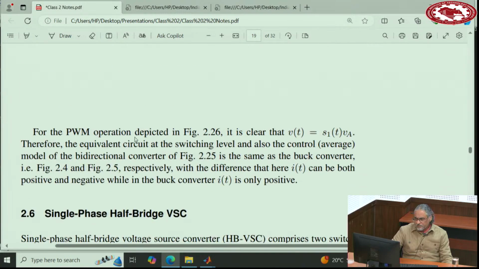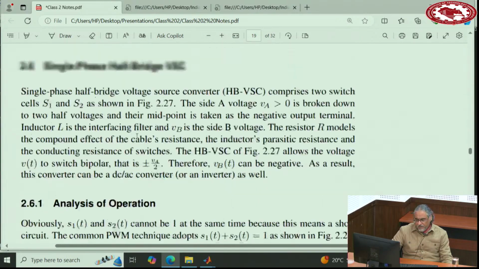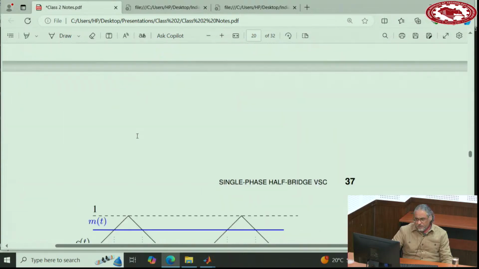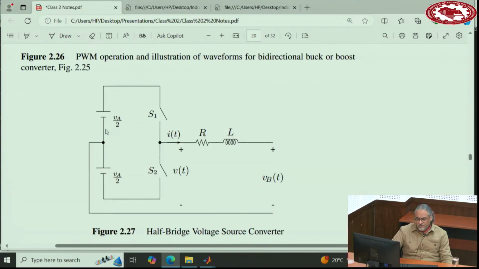Now, we go to the half bridge and full bridge voltage source converter. So the diagram of the half bridge is this one. It is the same bidirectional converter that we just discussed.